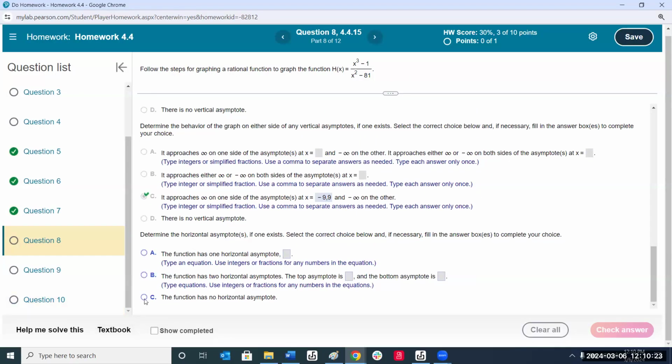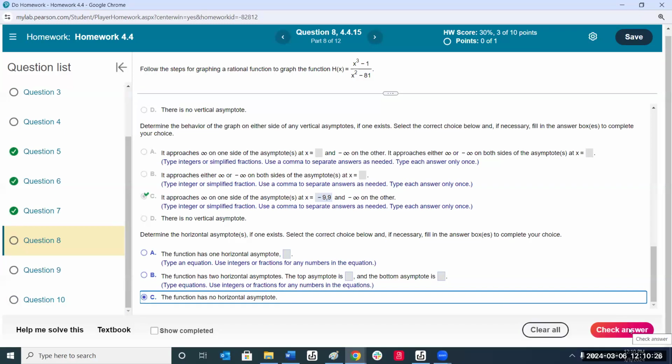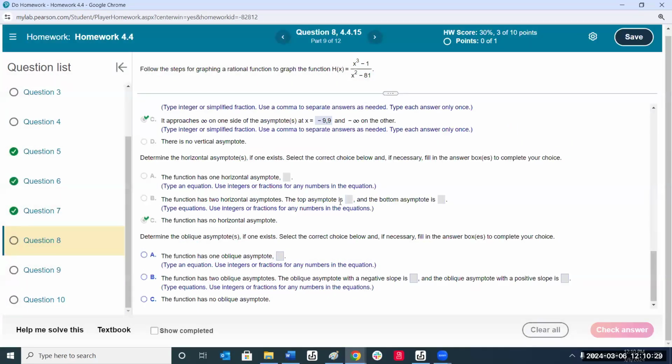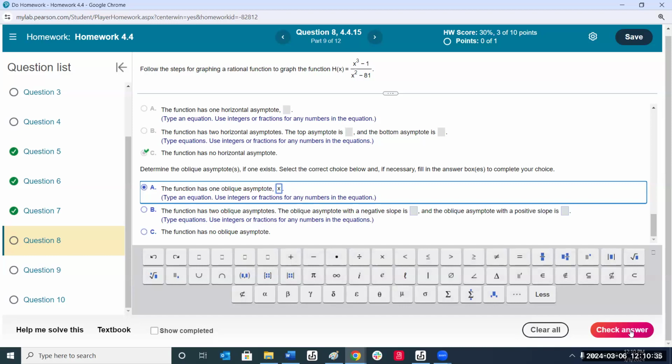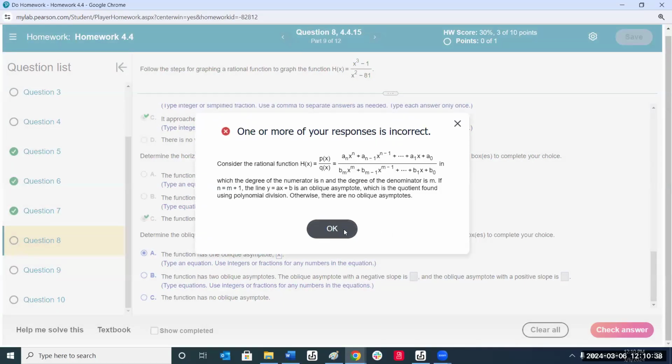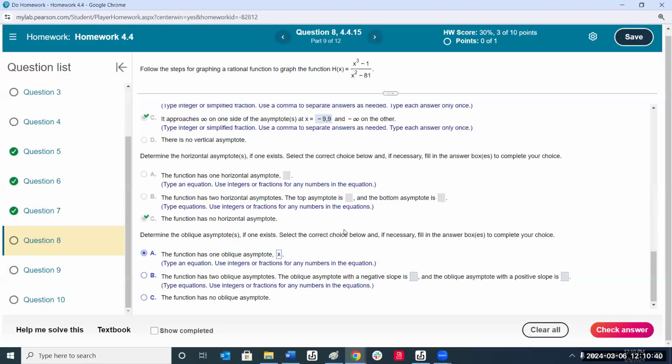Determine the horizontal asymptote. It has no horizontal asymptote because it has an oblique asymptote. The function is x. It's just x.